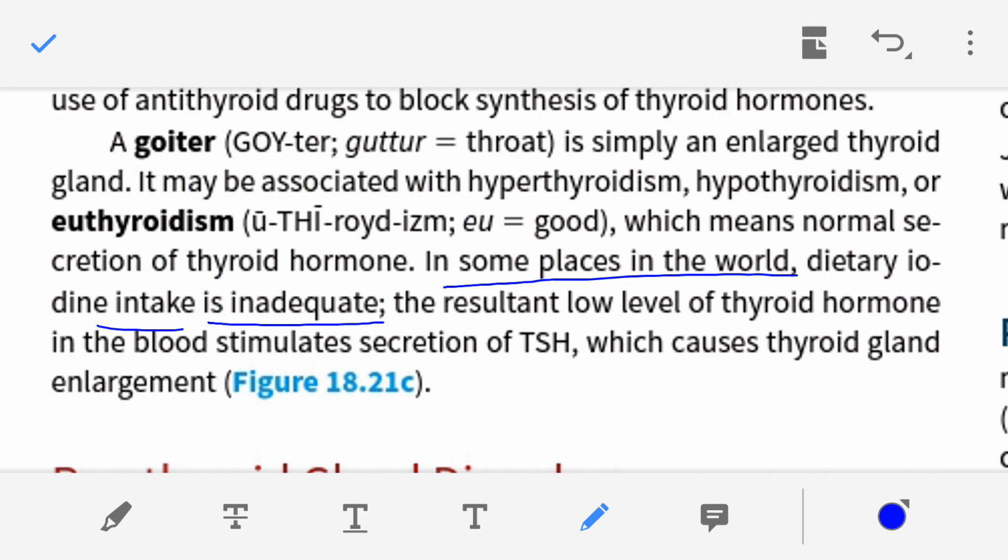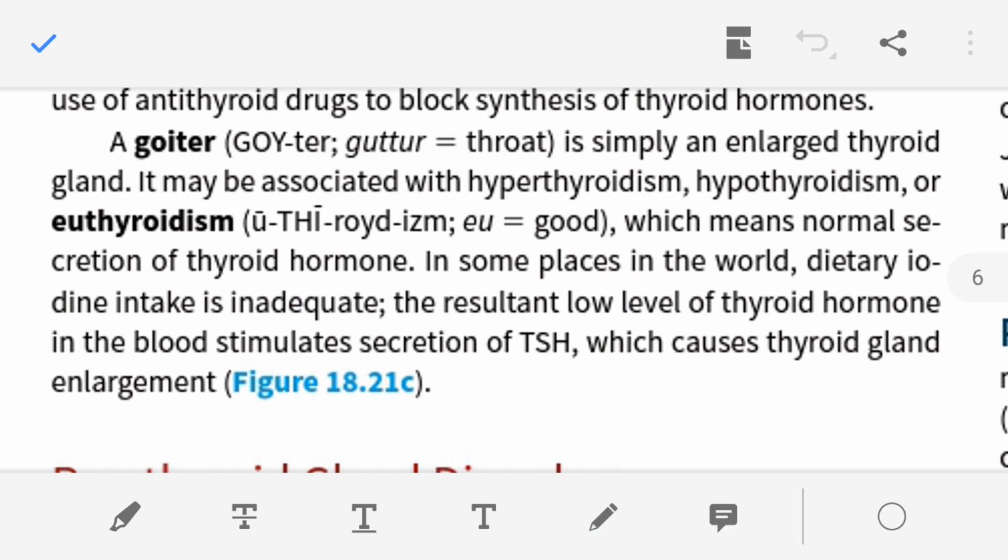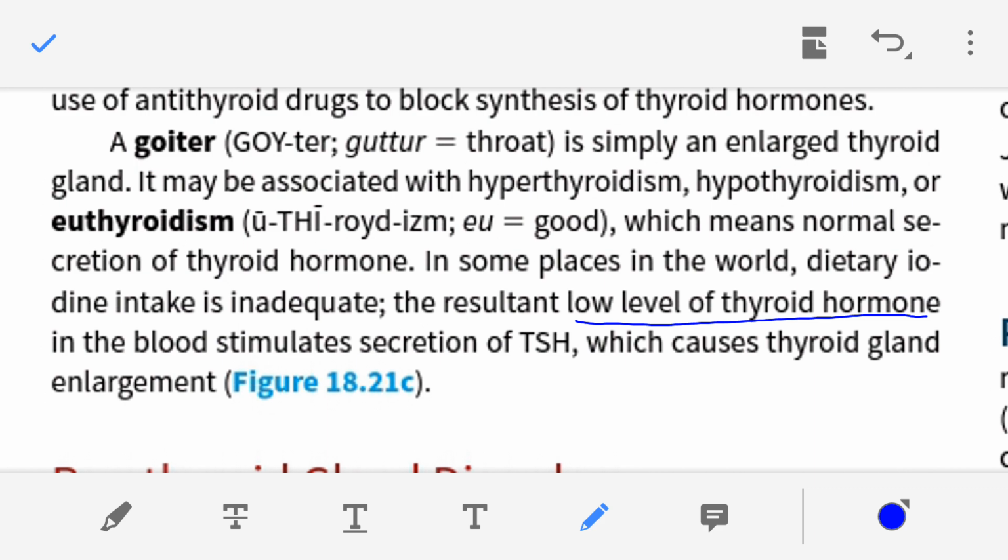So in them, the thyroid gland in the neck enlarges, and the resultant low level of thyroid hormone in the blood stimulates secretion of TSH. So what happened? In the goiter patient, there is a low level of thyroid hormone, because iodine is inadequate in the diet.